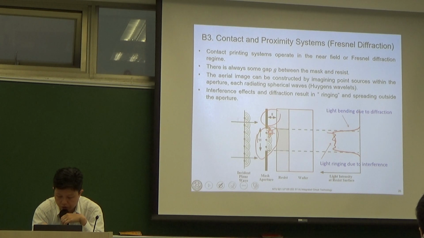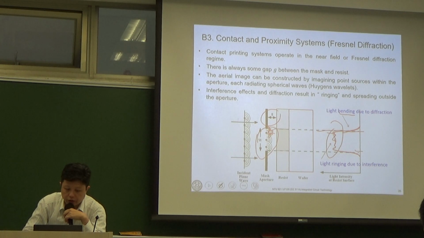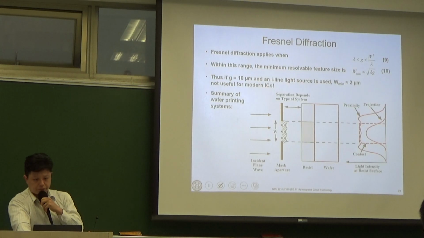So for those intensities here, you can see there's a ringing or a ripple. And also there's a limited diffraction effect. You can see there's light bending and reaching a little bit out of your desired pattern, which is the dashed line defined here. But basically the pattern will look very similar to the pattern on your mask. So that's the advantage of your contact and proximity systems.